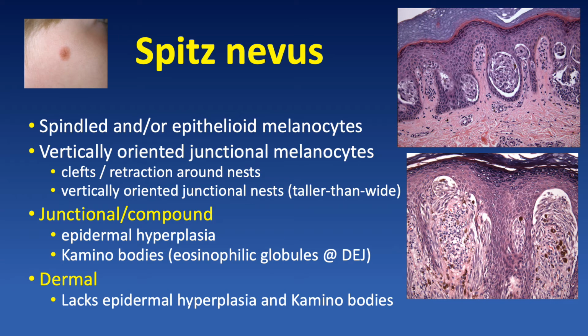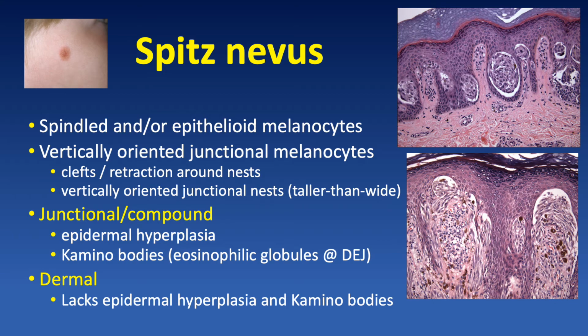Like melanocytic nevi in general, a Spitz nevus is a relatively small, circumscribed, usually dome-shaped papule composed of spindled and or enlarged epithelioid melanocytes. Characteristic features include the vertical orientation to the spindled junctional melanocytes, as well as vertical orientation to the nests themselves, often with a characteristic exaggerated clefting or retraction around the entire junctional nest.